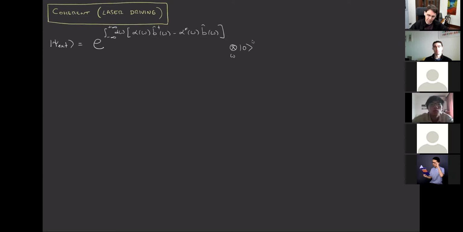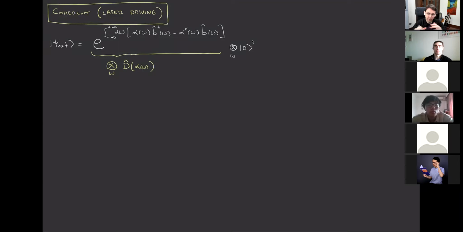Okay, and essentially you see that the only thing that we are doing, so let me write it here in the notation that we used in that chapter, is a displacement of amplitude alpha of omega for each of the modes at frequency omega, okay?